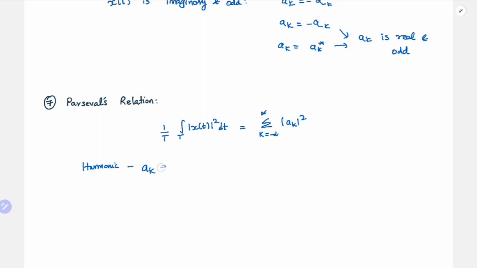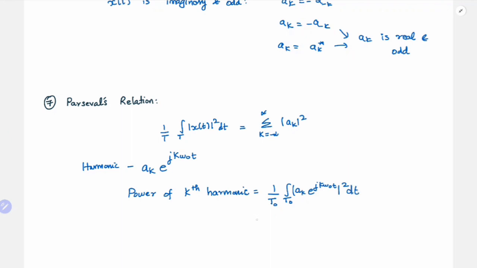And this mod ak square is nothing but, if we know each harmonic is given this way, ak e power jk omega naught t, if we take the power of the kth harmonic, it is nothing but 1 by T integral over T naught, and it is mod ak e power jk omega naught t whole square dt.